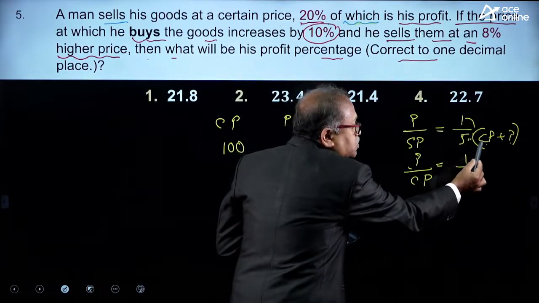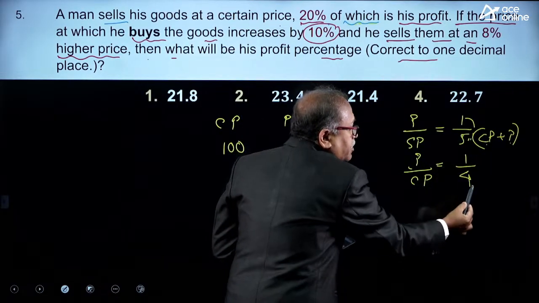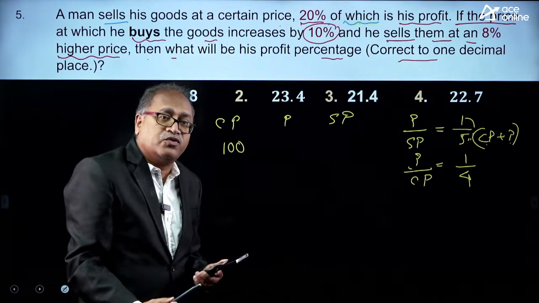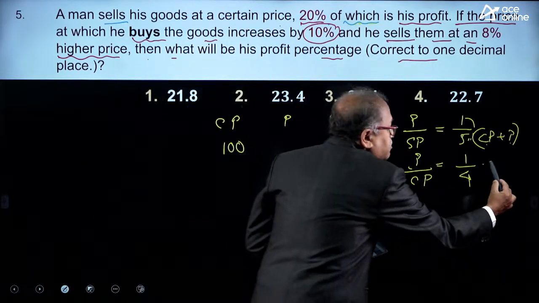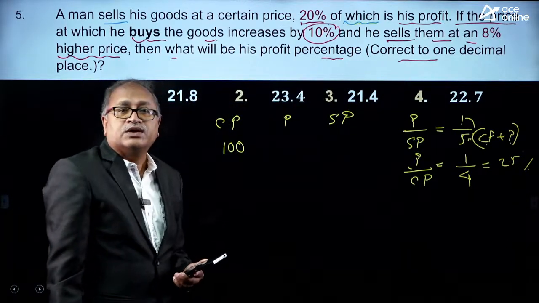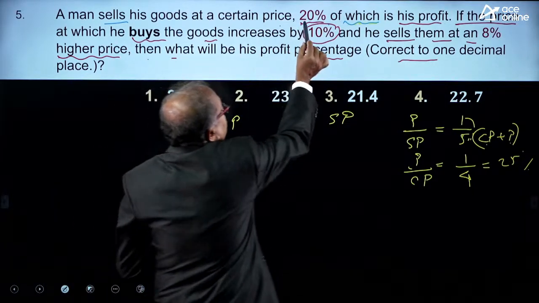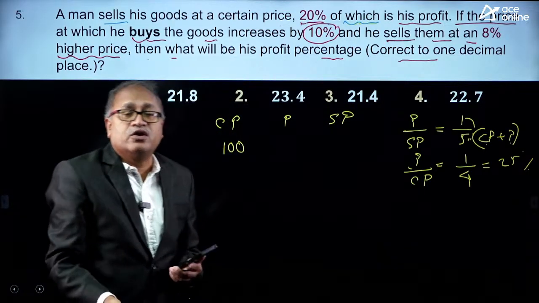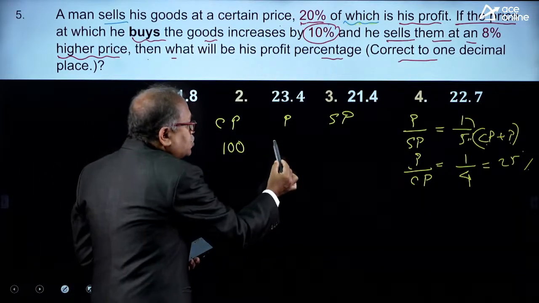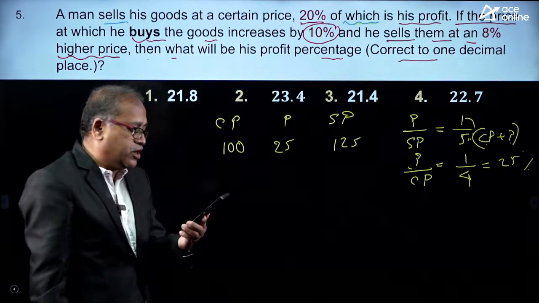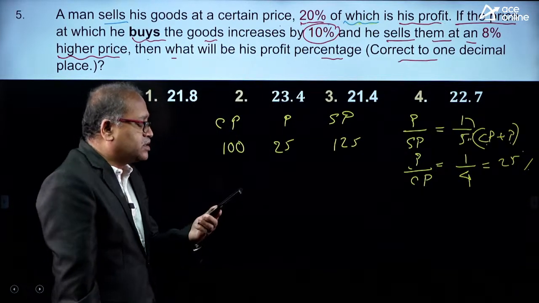To get the cost price, I need to take out 1 from here. So, I am getting 1 by 4. That is actually the profit on cost price, which is nothing but 25%. So, here it is given the profit on selling price, which I converted to profit on cost price, and that is 25%, and here selling price is 125 and 22.7.